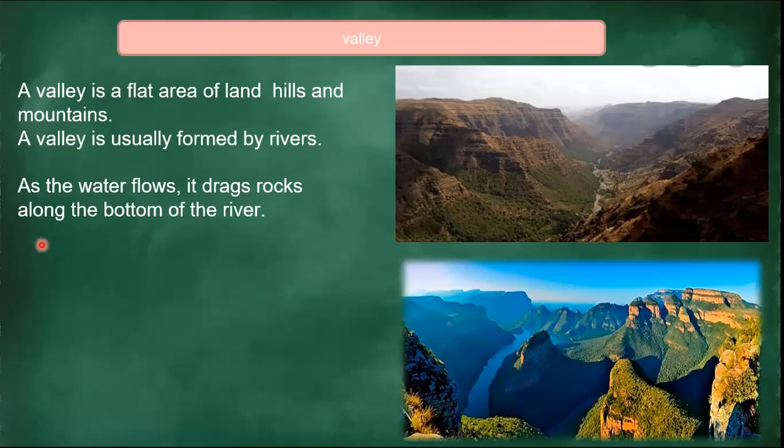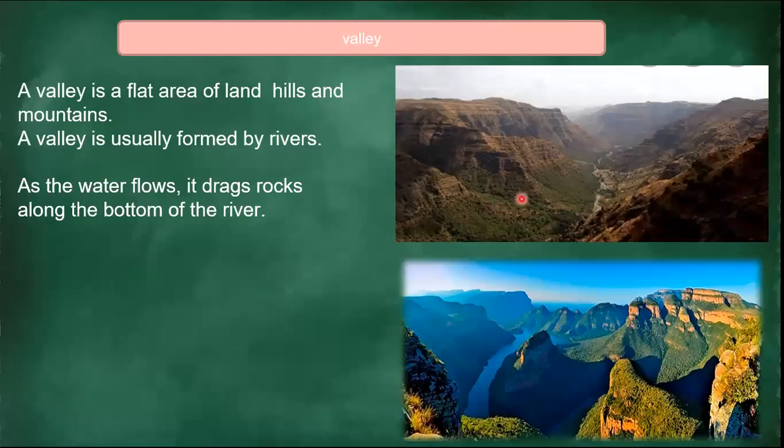As the water flows, it drags rock along the bottom of the river. As you can see my pointer here, it will drag the rocks here. And then in a million years, you will find this place to become a hill.